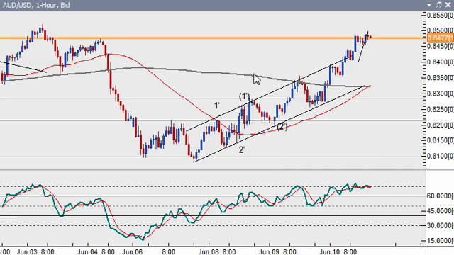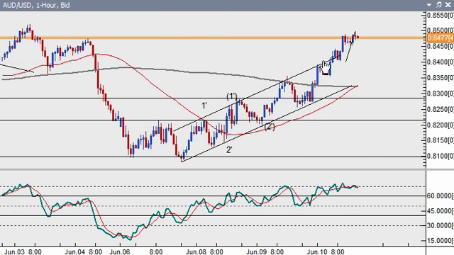1 hour time frame, trying to resolve this pattern. You see a throw over here within this channel, so that suggests that we are here in the third wave. Okay, so whatever, 1 2 1 2, this is the third wave waiting for a 4 correction.